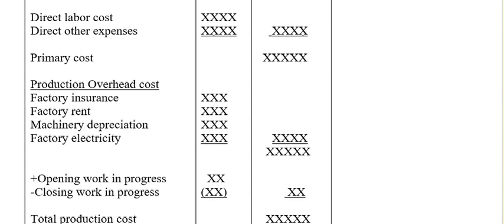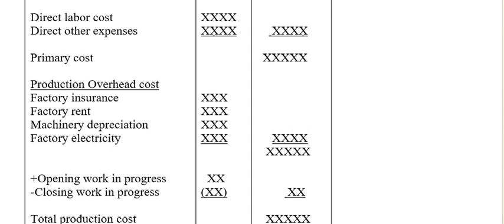I have mentioned examples: factory insurance, factory rent, machinery depreciation, factory electricity, supervisor wages. Like that you can mention all the production overhead costs. Then you have to take the summation of primary cost and production overhead cost. That is not yet equal to the total production cost.